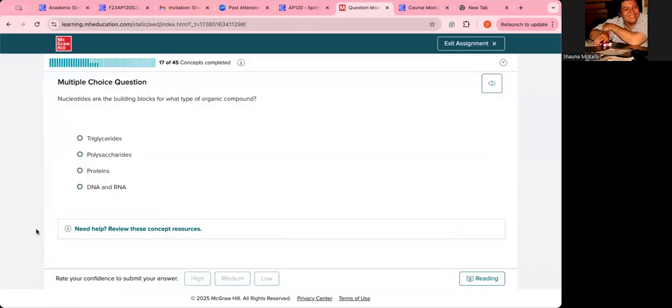Nucleotides are the building blocks of what type of organic compound? DNA and RNA.